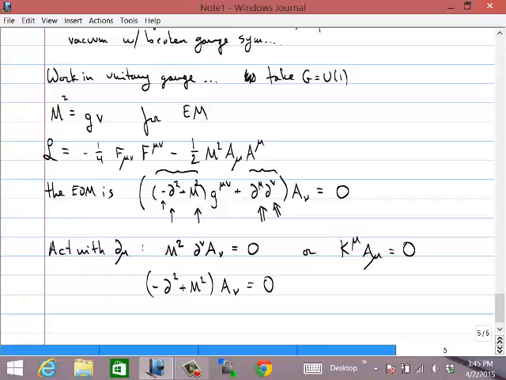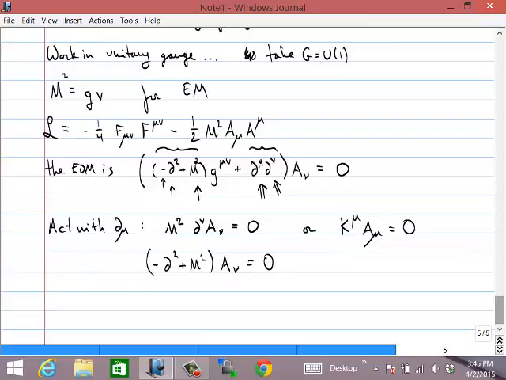So what is that? Well, that's just precisely the equation of motion of a scalar field. So when we quantize A mu, nothing fancy is going on here.